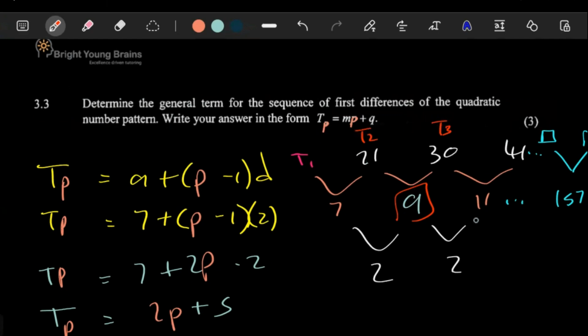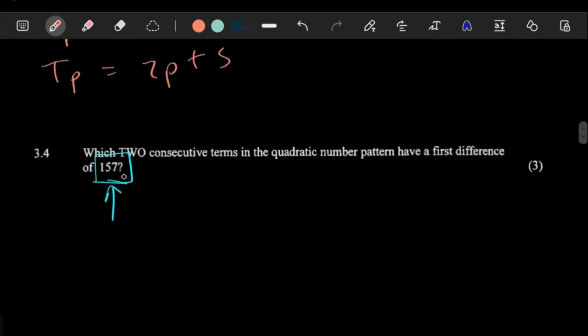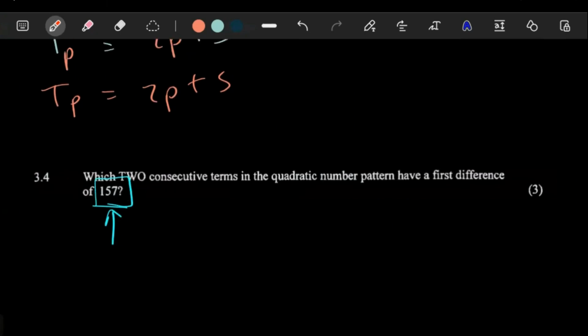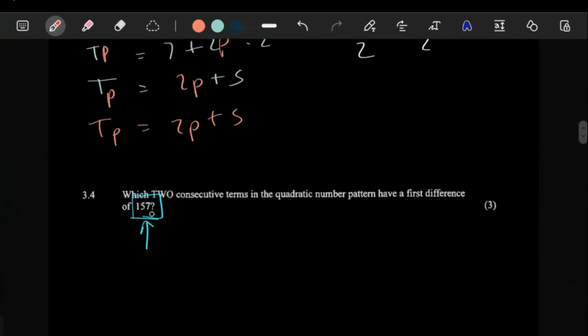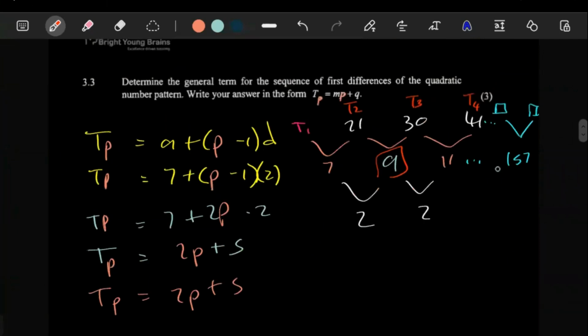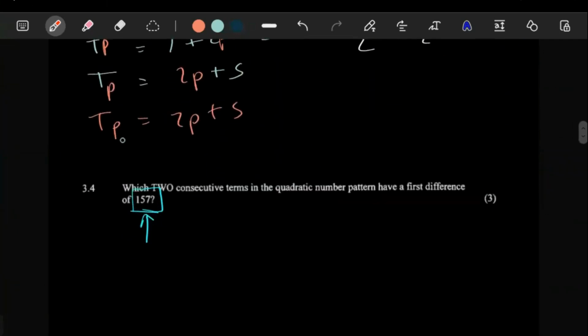Something that's in position number 3, you get it as a result of T4 minus T3. So we just need to find this position in this sequence, and then we'll automatically be able to say that it is between whatever term this is and this term. That's going to be easy to get if we find the position of this term in the sequence of first differences. So let's do that.